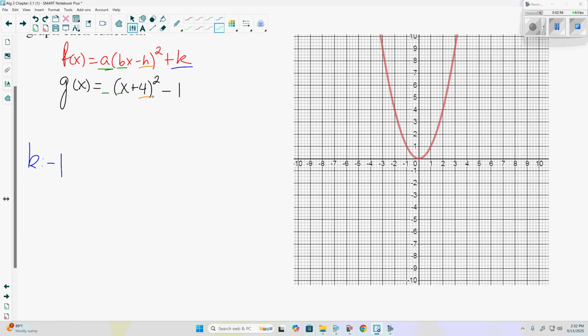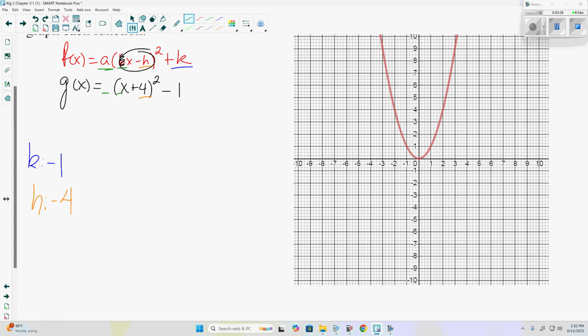And we also have a value for H. Now the number for H is 4. Now would that 4 be positive 4 or negative 4? It would be negative. Because if we look at the general form, we don't have this B value. But inside that parentheses is x minus h. Yes?